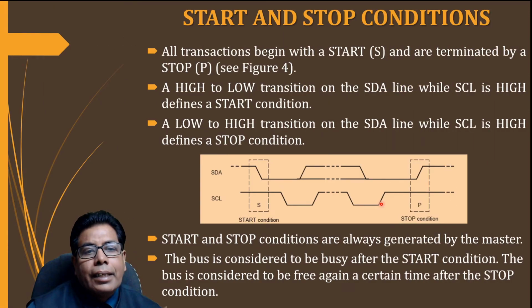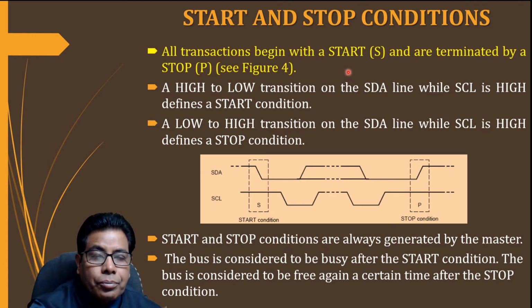Then the start and stop conditions. As we have seen, the data transfer begins with the start and ends with the stop. So all the data transfers begin with the start. This is the start. We call it a high to low transition.